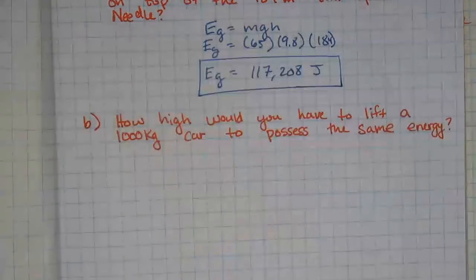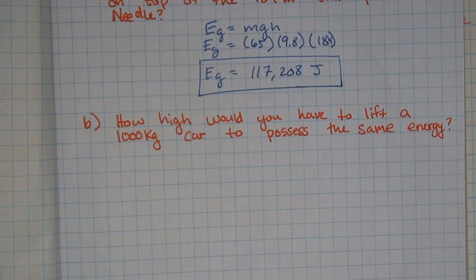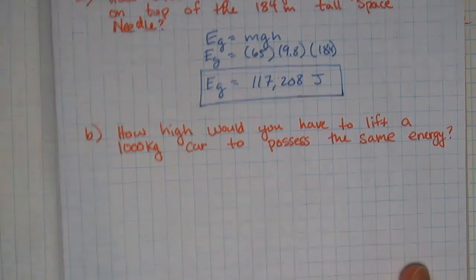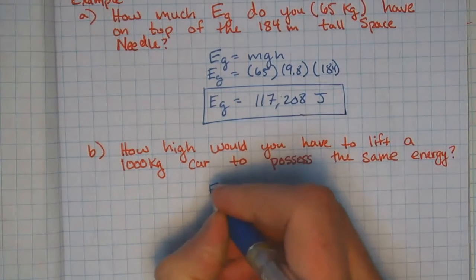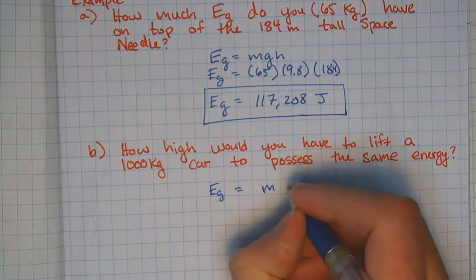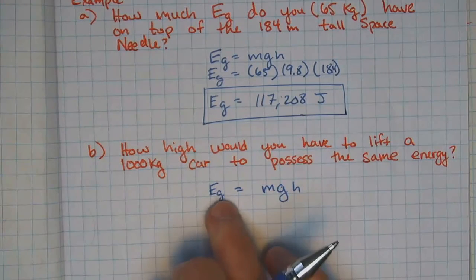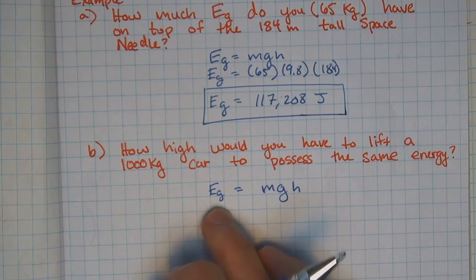So there you go. B says, how high would you have to lift a 1,000-kilogram car to possess the same energy? Same deal here, except the difference is we know how much gravitational energy that car is going to have.